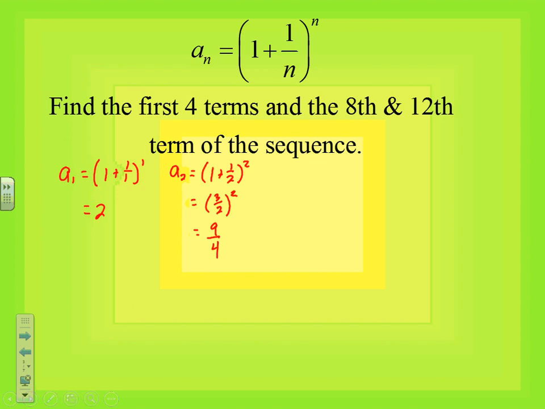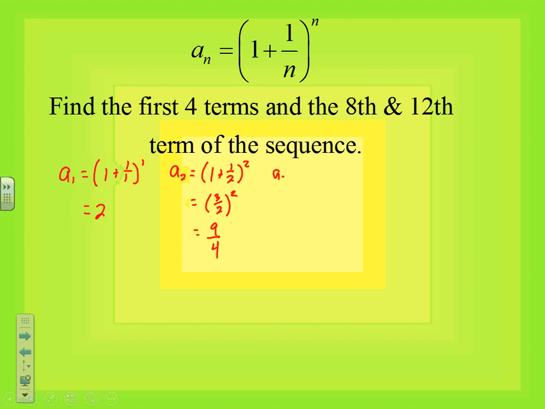Now I know you could put that one as a decimal, like 1.5 for the fraction 3 over 2, and then 9 over 4 as a decimal is 2.25. But I'm going to keep them as fractions, because a lot of times when you're doing these things, the decimal numbers are not nice decimals. So let's keep them as fractions.